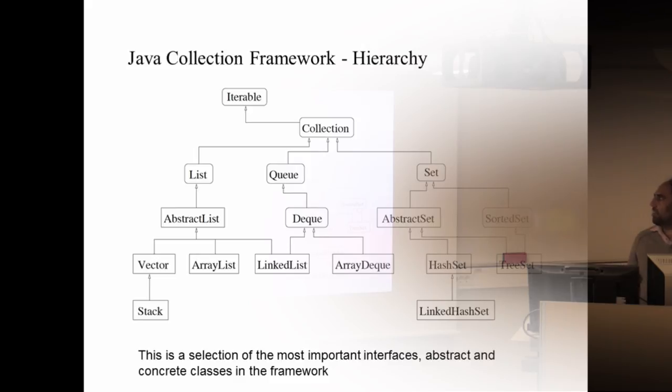If you see, all these sub-interfaces are subtypes of the interface Collection, and the interface Collection itself is a subtype of the interface Iterable. Java forces these types to be subtypes of Iterable so that you can get an iterator on these objects, and from the iterator you can iterate.